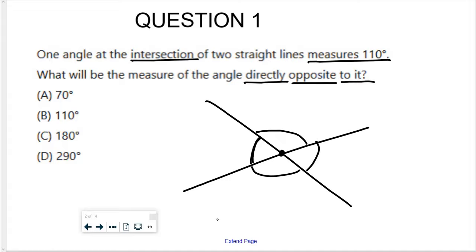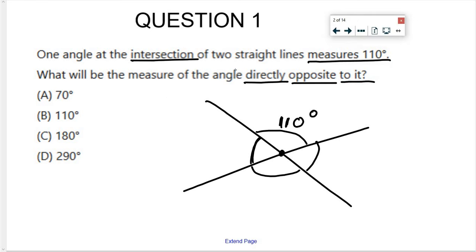Total 4 angles. Now, if one of these 4 angles at the point of intersection of these 2 straight lines measure 110, let us say this angle is 110. The question will be, what will be the measure of the angle directly opposite to it? So if this angle is 110, even this angle will be 110.